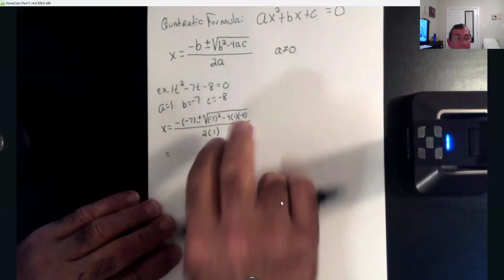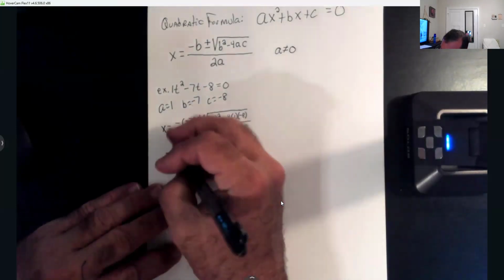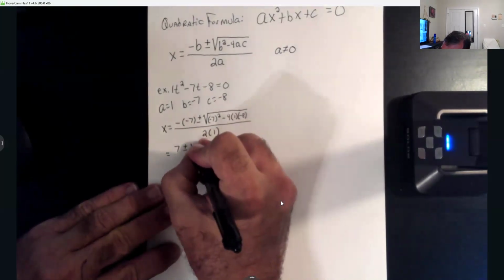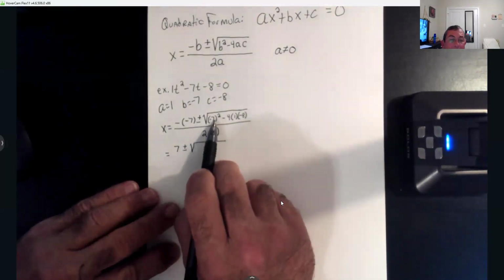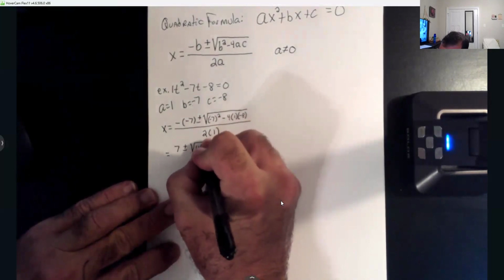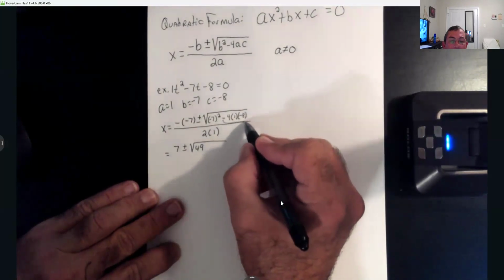All right, y'all, so now it's just a lot of simplifying. Negative times a negative makes that a +7. Plus or minus. Under the square root, -7 times -7 is a +49. And y'all, you see all this stuff on the right side here?